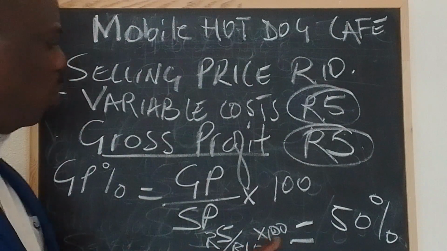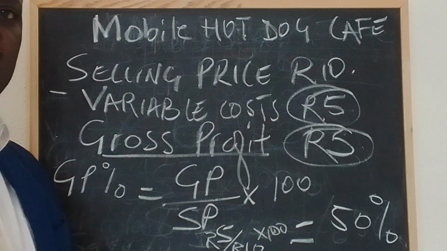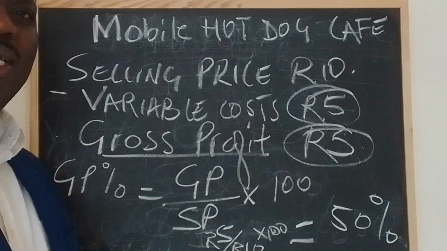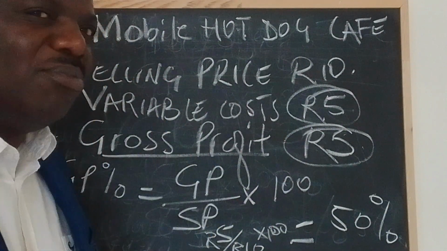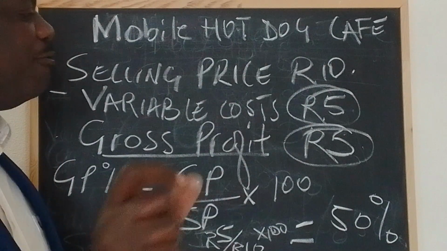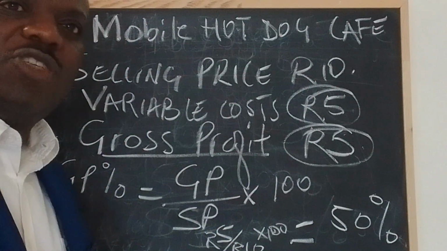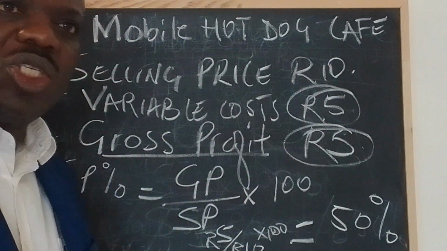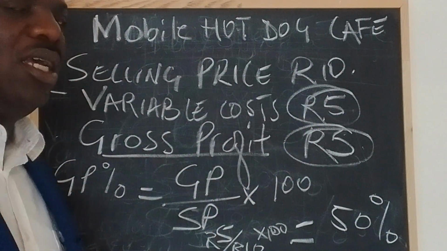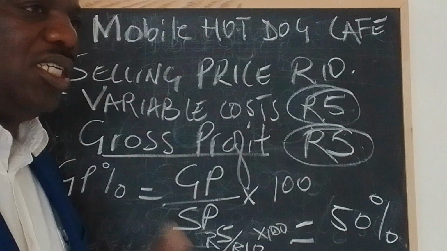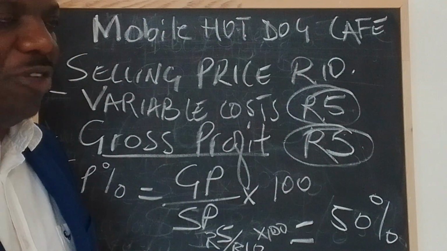So when you look at 50% gross profit, what is it telling you? It is telling you that for every rand that comes into the business, 50 cents is for the cost of making your stock and 50 cents is your gross profit. And remember, gross profit is not net profit.